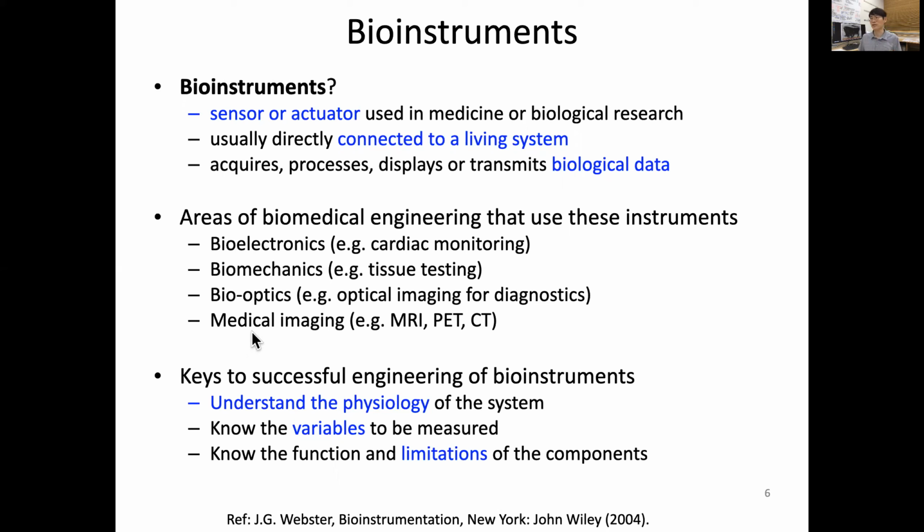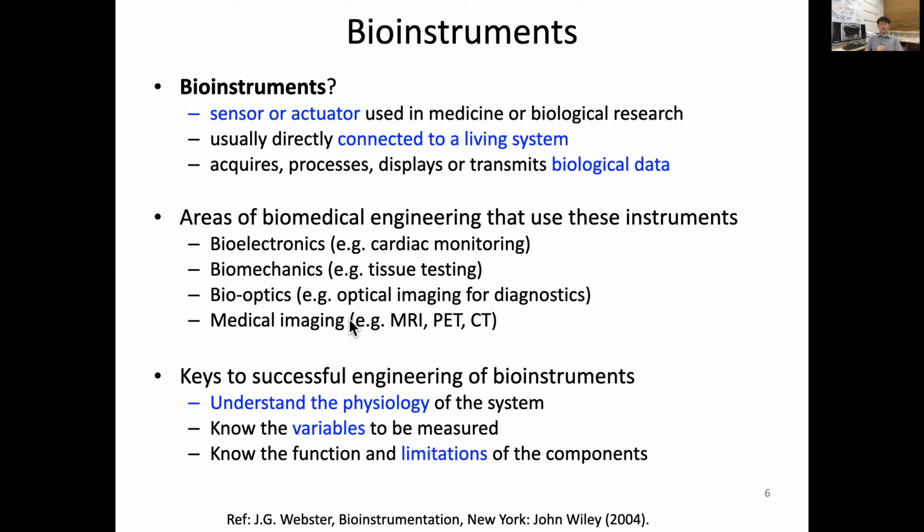Medical imaging is also another area using these instruments, such as MRI, magnetic resonance imaging, PET, positron emission tomography, and CT, which is X-ray computed tomography. These are the kinds of instruments.